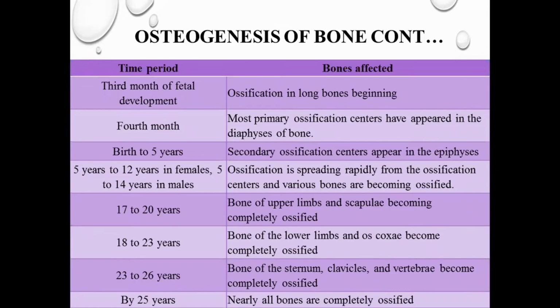So at the age of 26, your sternum, clavicle, then vertebral column become completely ossified. By the age of 25, nearly all bones are completely ossified. Approximately by the age of 25, for both male and female, all the bones have been completely ossified, in the sense that they have reached all the growth.